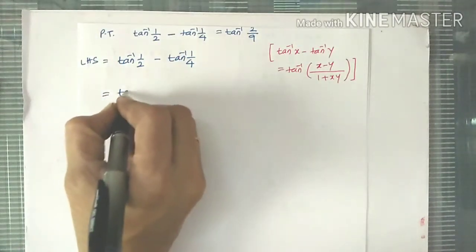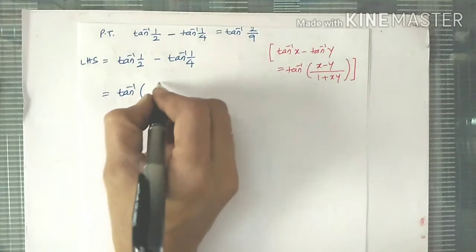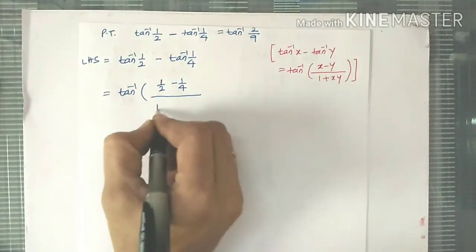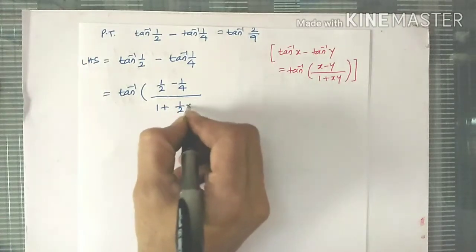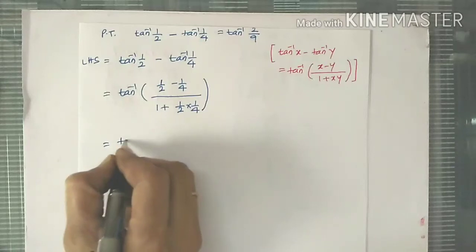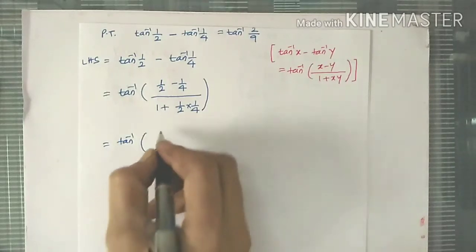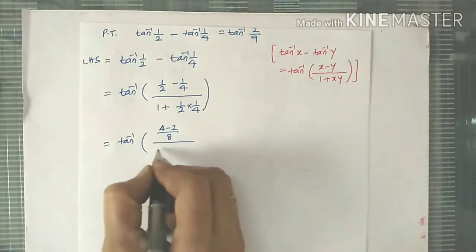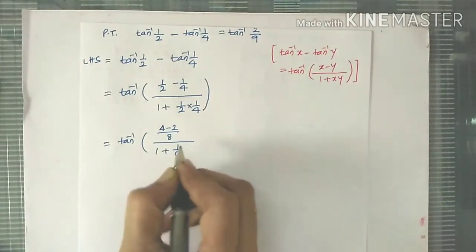So that becomes tan inverse of (1 by 2 minus 1 by 4) divided by (1 plus 1 by 2 into 1 by 4). So that is tan inverse of (4 minus 2) upon 8, over (1 plus 1 by 8).